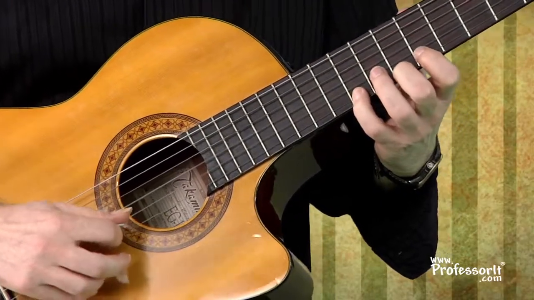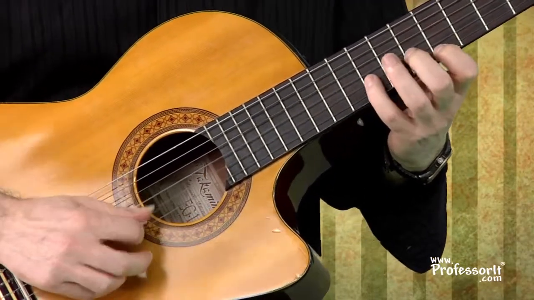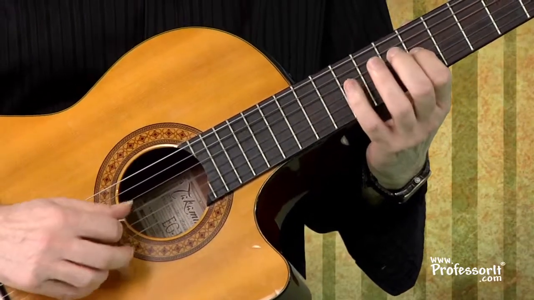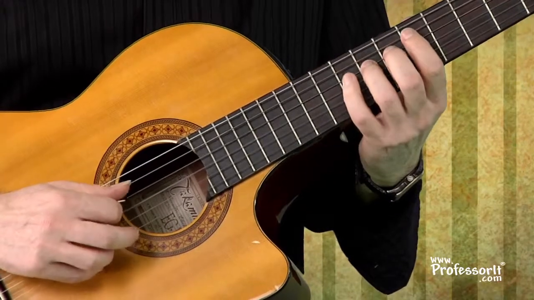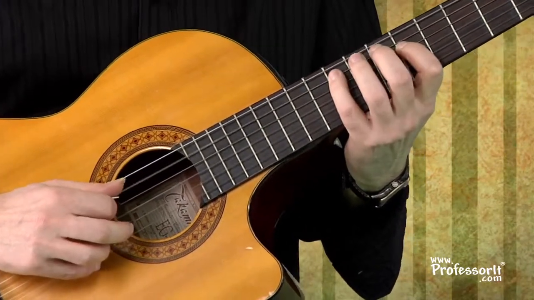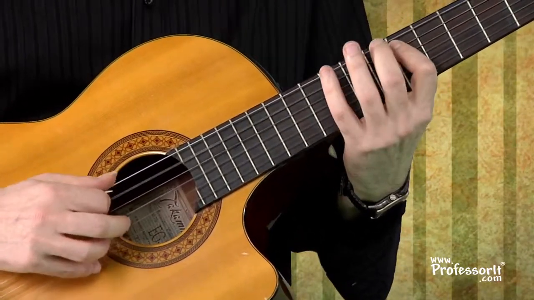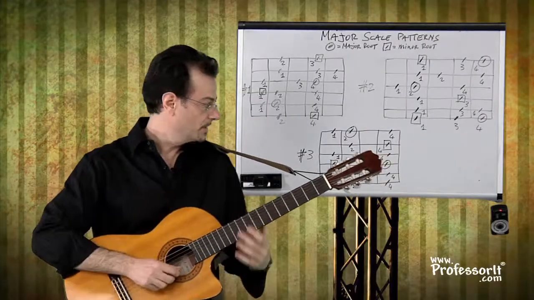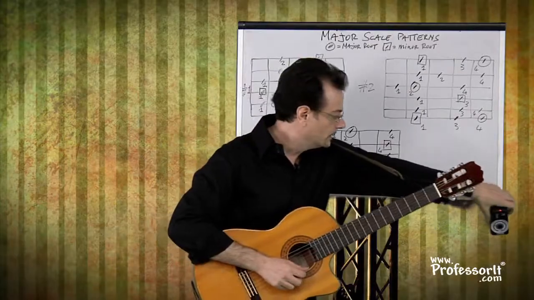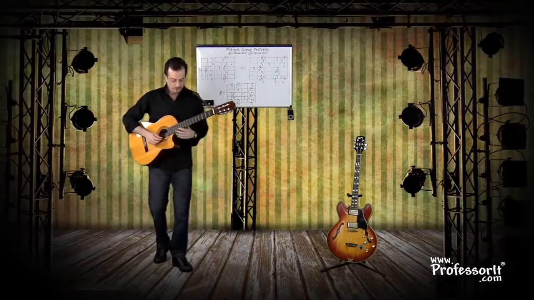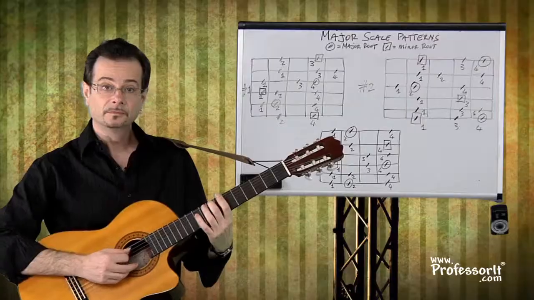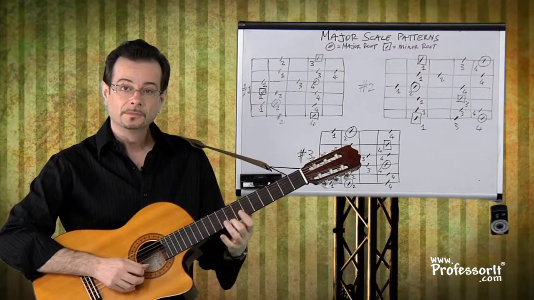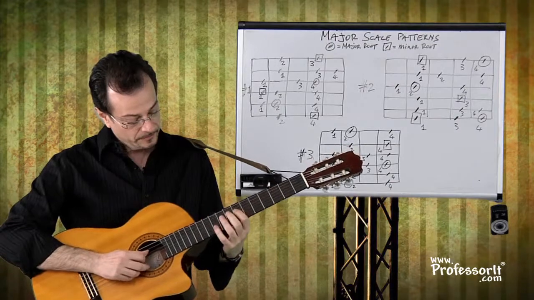Backwards. That was it. Very good. So the major roots for this pattern are here, here, and here. The minor roots is here and here.